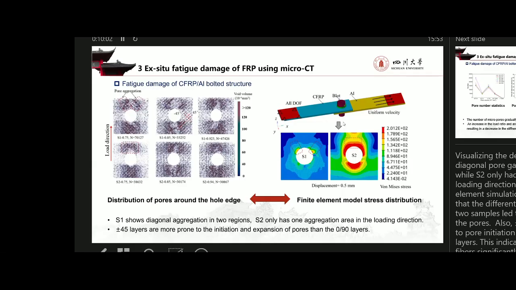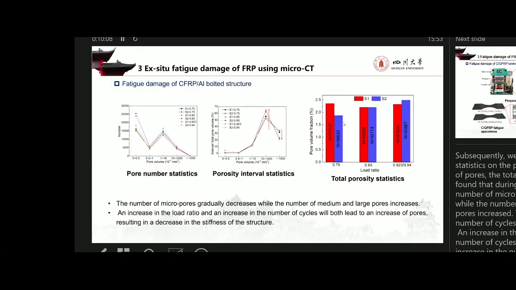This is the reason we can observe the pore distribution. And then we also give statistics of the number of large pores and the medium pores. We can see the cycle number and the stress level lead to an increase of pores and a decrease of the stiffness of the structure.